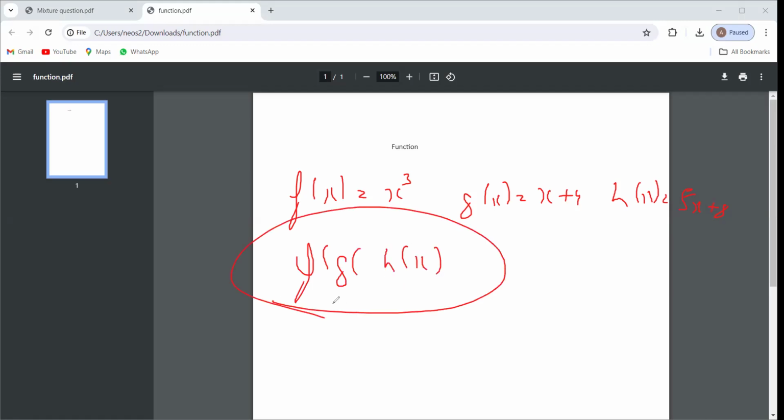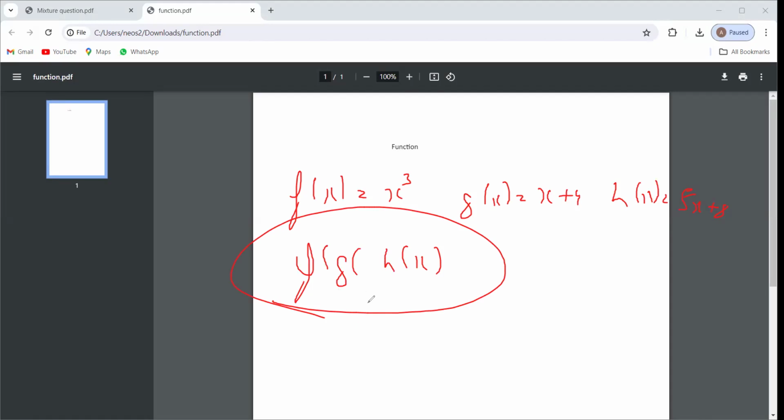Find this f of g of h of x. Five x plus 12 whole cube. First of all, what do you have to do?